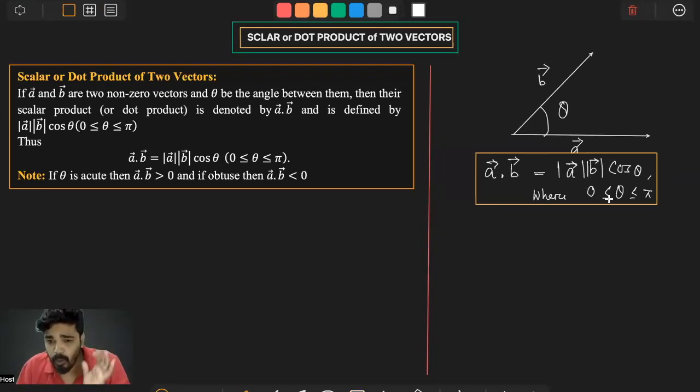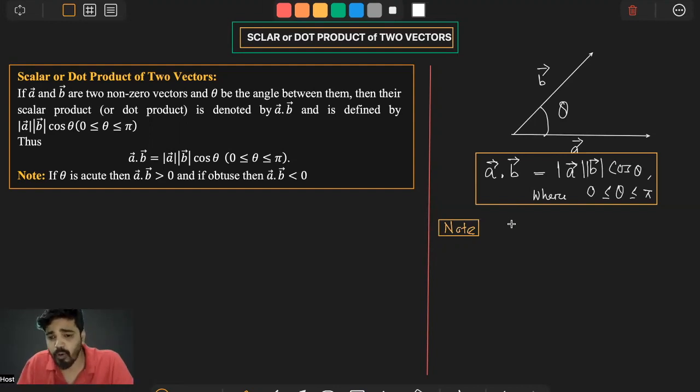It is very important and should be noted that if A dot B is greater than 0, then we conclude that theta is an acute angle. If theta is an acute angle, then A dot B will be greater than 0, right?